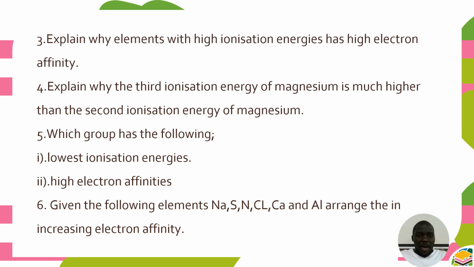Which group has the lowest ionization energy and the highest electron affinities? Question number 6. Given the following elements: sodium, sulfur, nitrogen, chlorine, calcium, and aluminium, arrange them in increasing electron affinity. So these are the questions that we need to attempt based on what we have covered in this video.